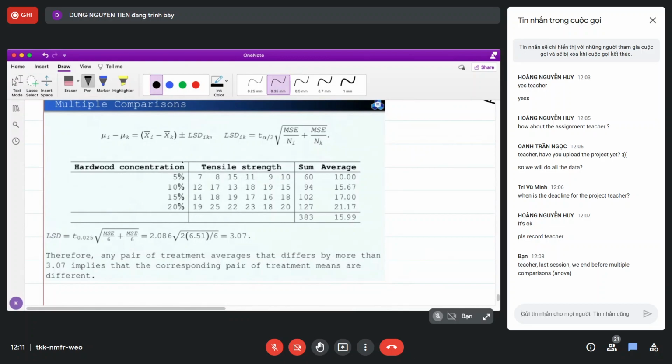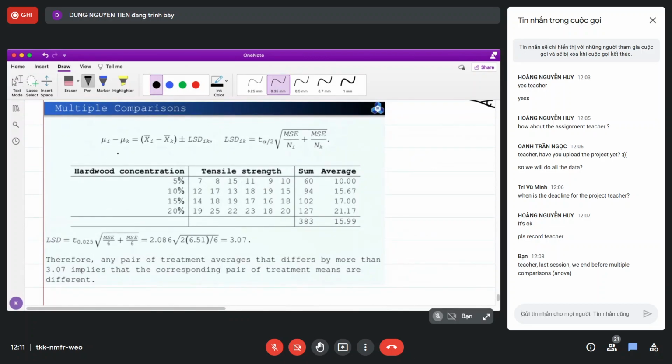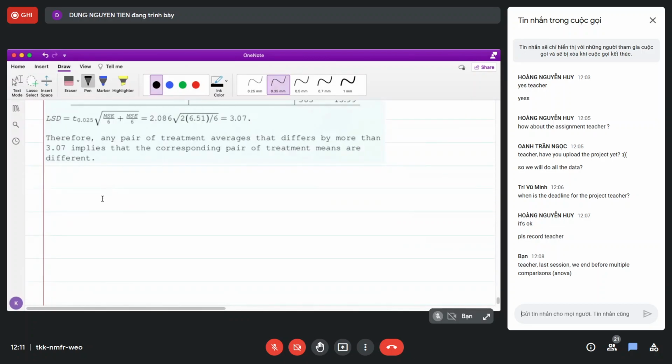How about the difference in means? Suppose that you want to consider the difference between mu_i and mu_k. Then you can think of x_i bar minus x_k bar plus or minus the t value times the standard error.